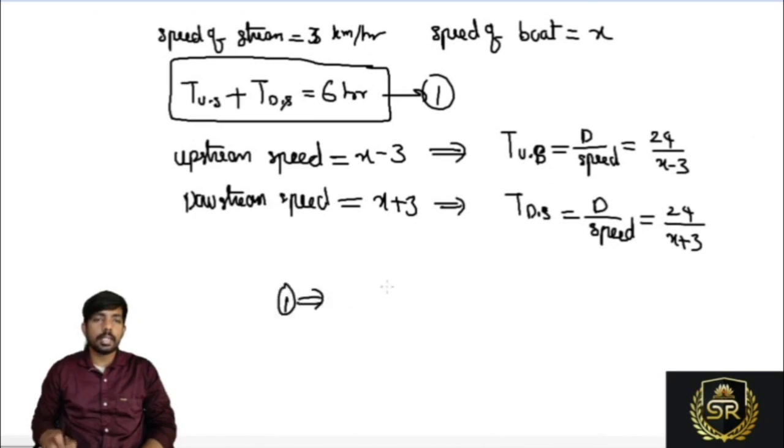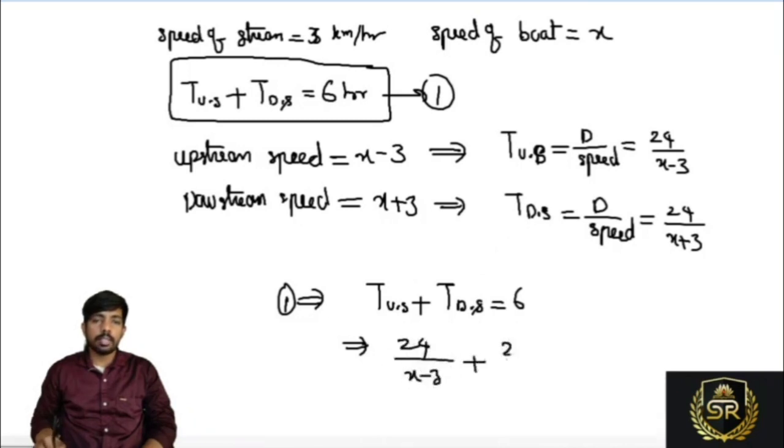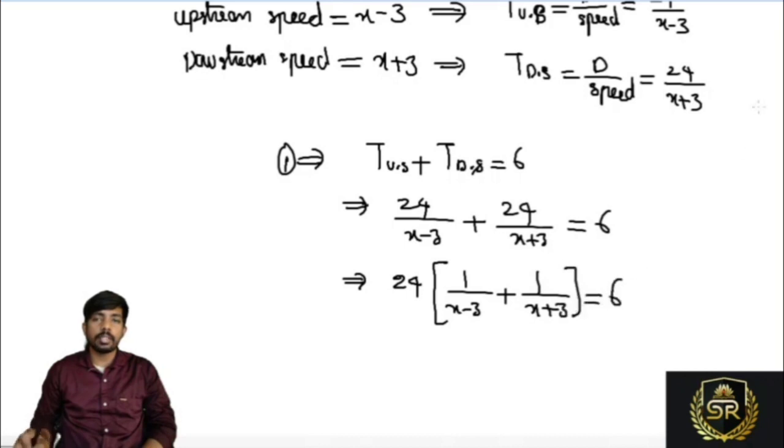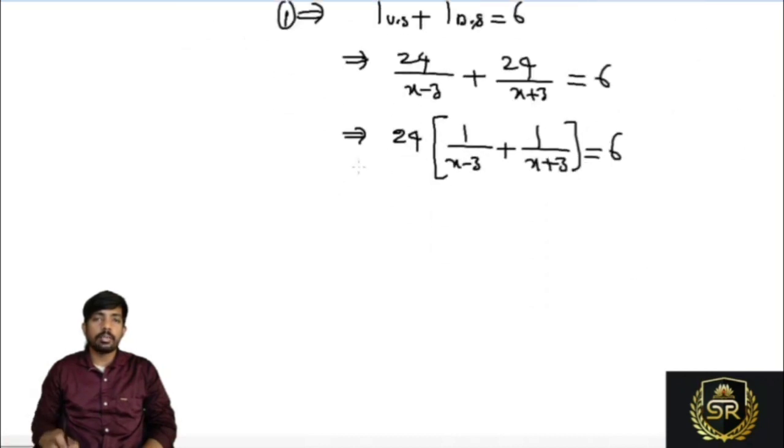The first equation says the time taken by the upstream plus the time taken by the downstream is equal to 6 hours. So 24 by x minus 3 plus 24 by x plus 3 equals 6. Take 24 common: 1 by x minus 3 plus 1 by x plus 3 equals 6 by 24.